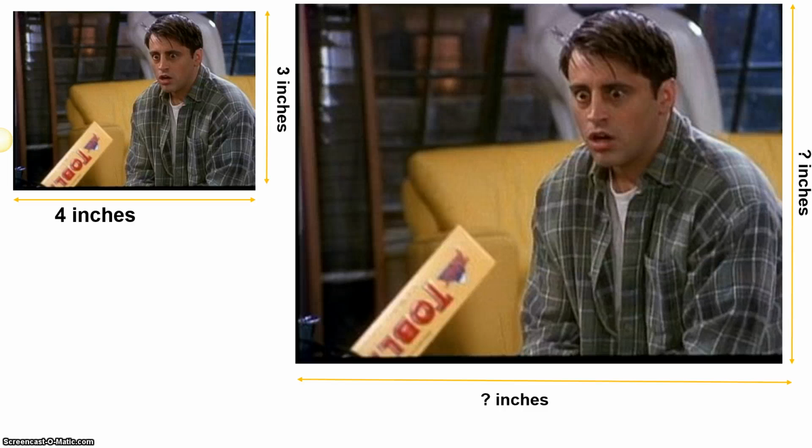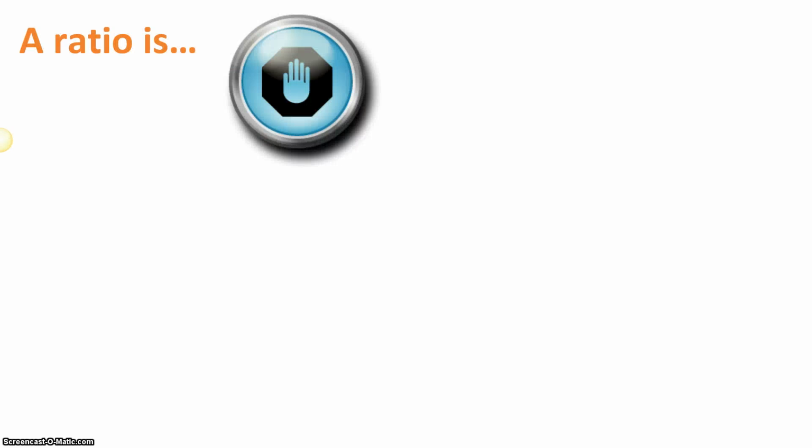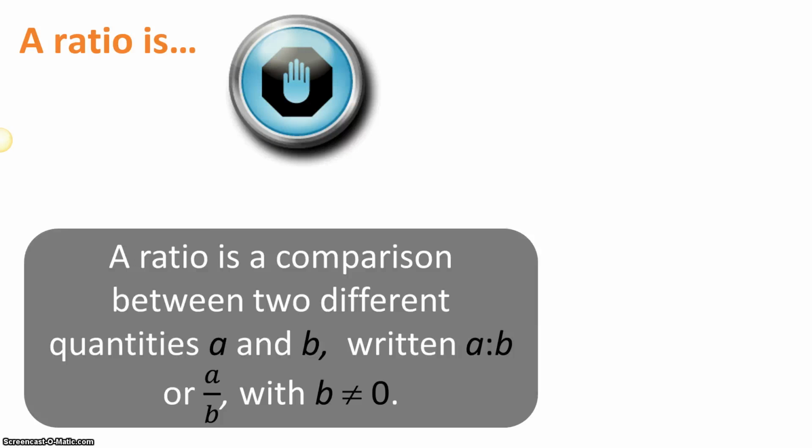The reason behind this is the concept of a ratio. A ratio is a comparison between two different quantities A and B, written A to B using a colon notation where the colon is read as the English word to, or A over B with B different than 0 using fractional notation.